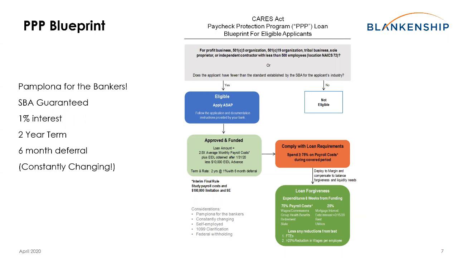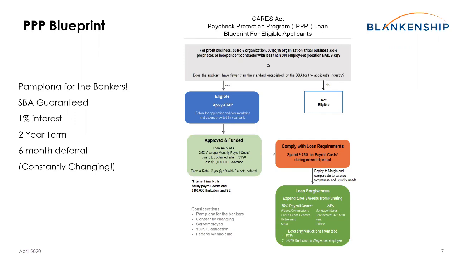So basically how does the program work? The loan amount is up to 2.5 times the entity's average monthly payroll cost for calendar year 2019. And for this purpose, payroll costs are going to include your wages, salaries, commissions, as well as your employee benefits, which would primarily be your group health care and retirement benefits.